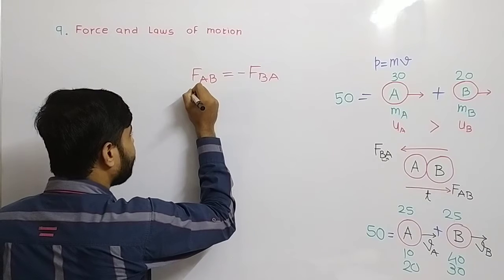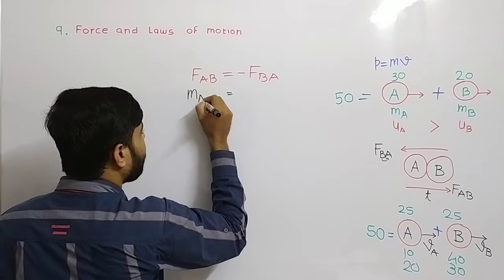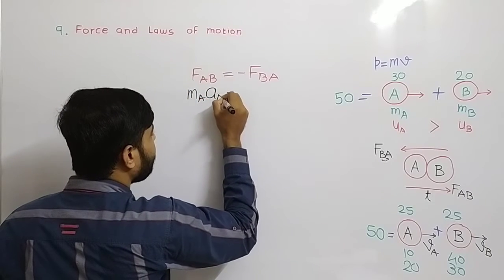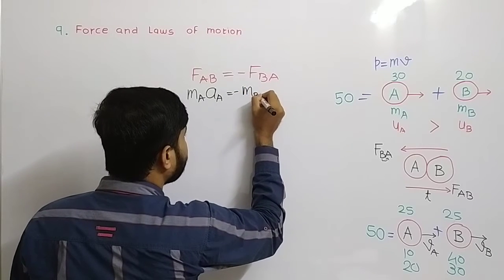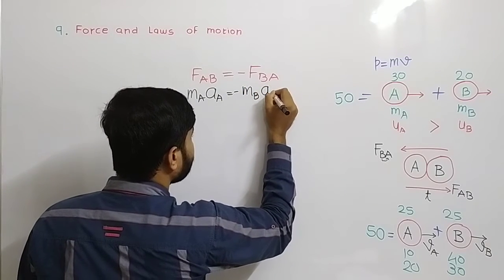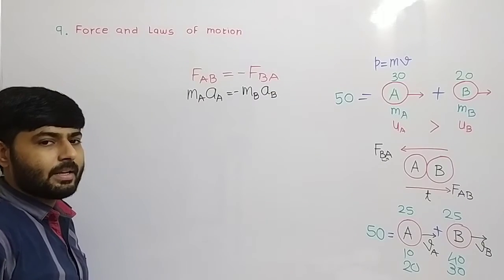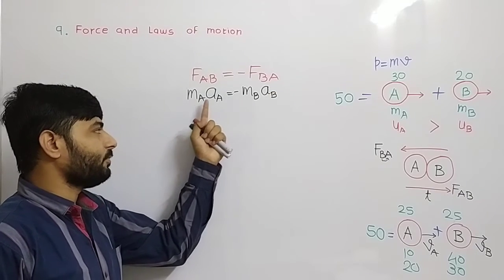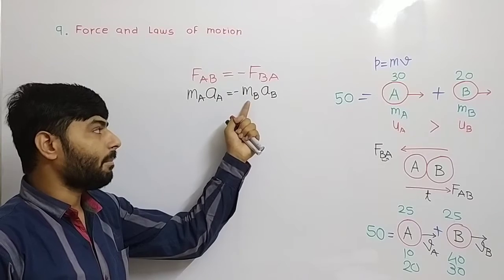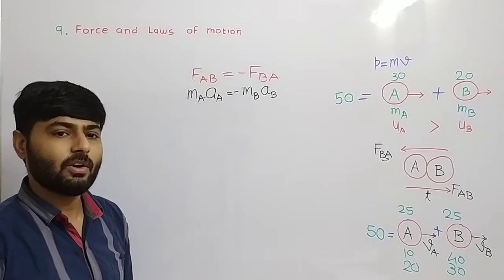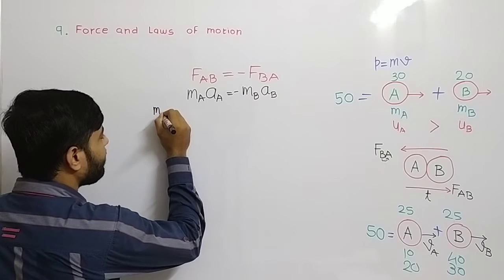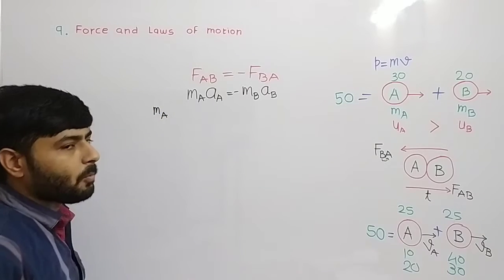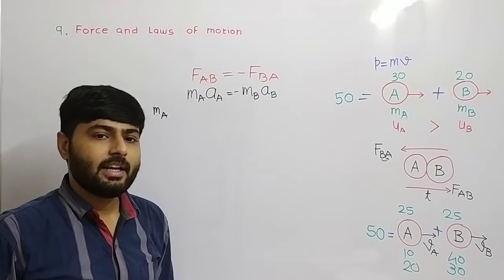So I write here MA AA is equal to minus MB AB. That is mass of A, acceleration of A, mass of B, acceleration of B. Mass of A will remain the same. What is acceleration?